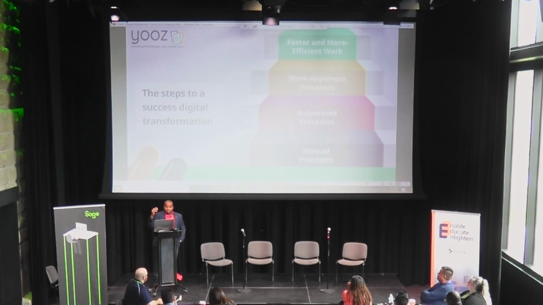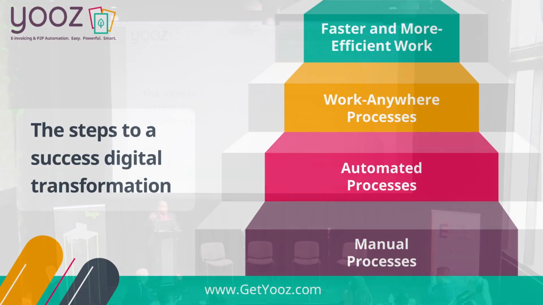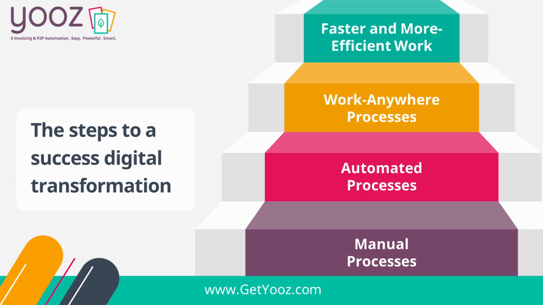That's a lot of the manual, right? There's a lot of time behind that. So automating that process is our next step once you get past the manual. And then Stephanie showed a great example on the beach, which we don't want to see me on the beach, but working anywhere, right? Which would be really nice for most people. And then being faster and more efficient to work overall.